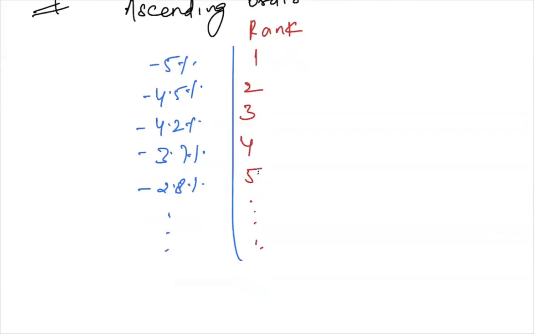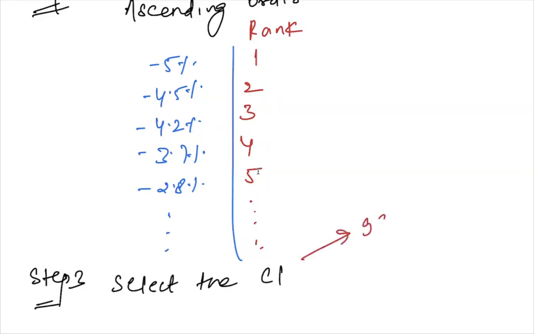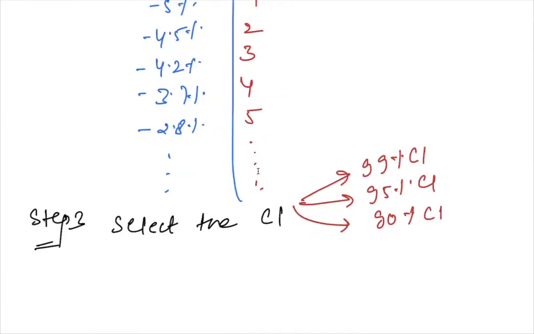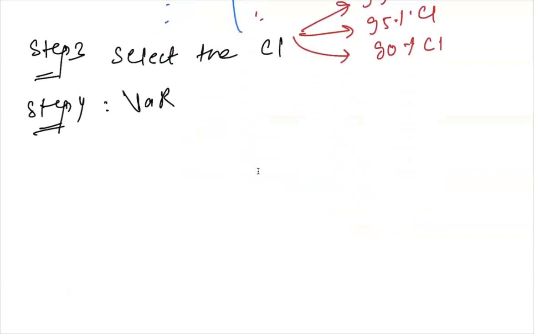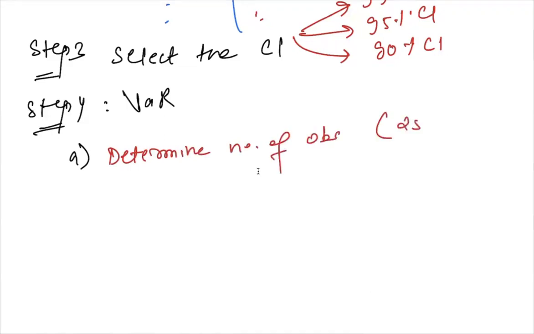Now, what is step three? Step three is to select the confidence interval. It can be 99% confidence interval, 95% confidence interval, 90% confidence interval, and so on. You just select whatever it is. And the last step is to calculate value at risk. How will you calculate value at risk? First, determine the number of observations, which is, let's say you have 251 returns.